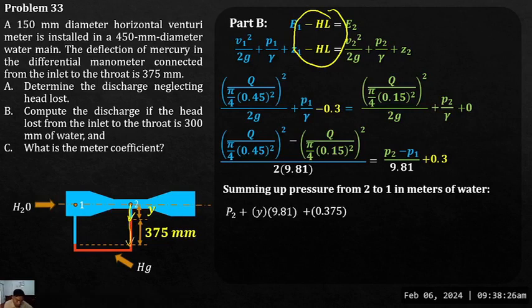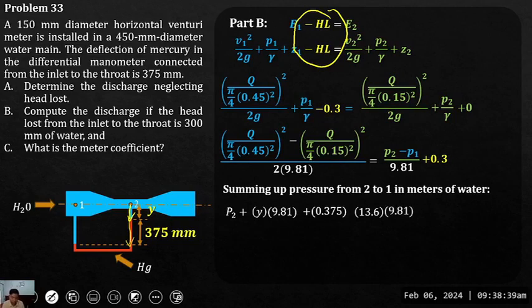So that's 0.375 times unit weight ng mercury. So, specific gravity natin 13.6 times yung unit weight ng water na 9.81. Tapos, dito tayo sa kabila. So, from this point, paakyat tayo papuntang point 1. So, that would be a total of y plus 375.